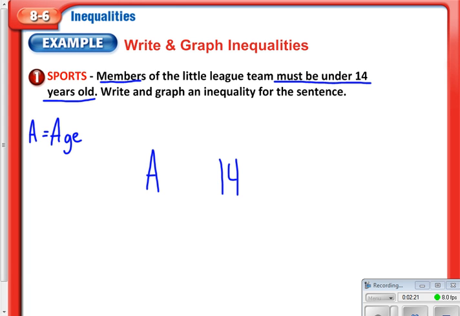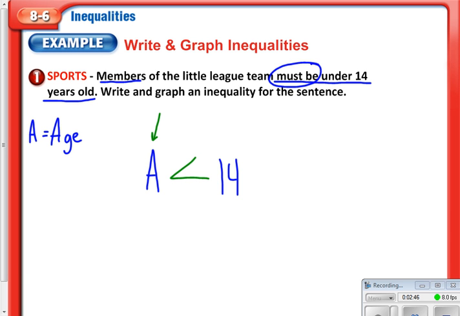And you might need to reread these a couple times. Members of a Little League team must be under 14 years old. They must be under 14 years old. So in order for that person to play, it has to be under 14 years old. So your age, A, has to be less than 14 years old.